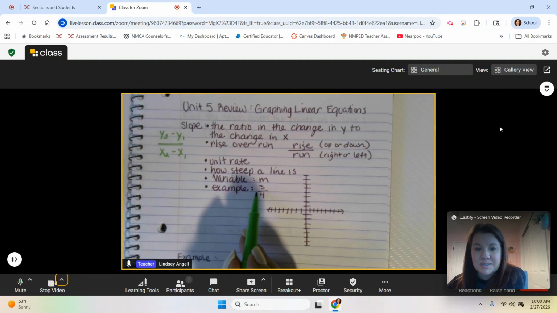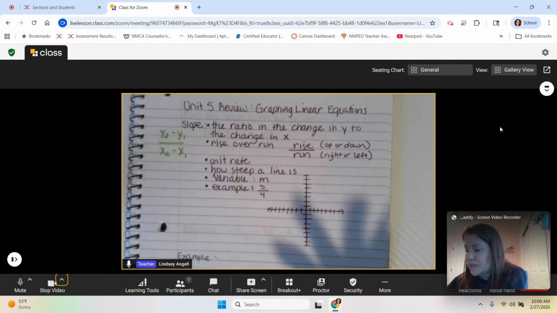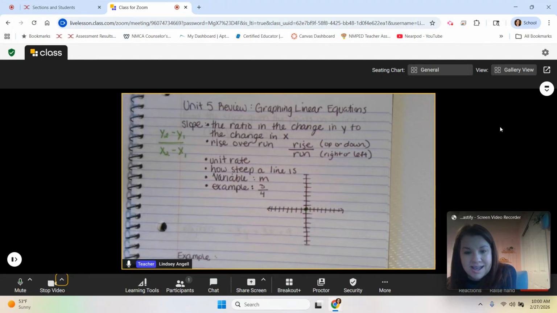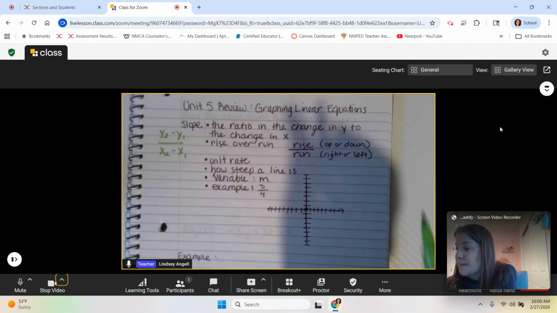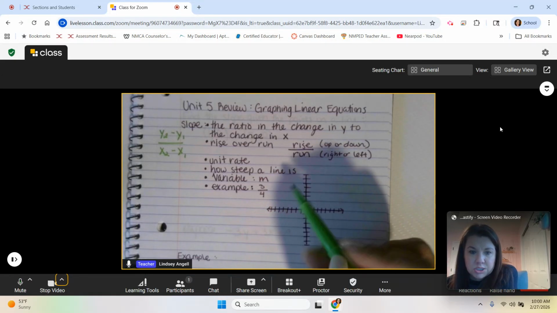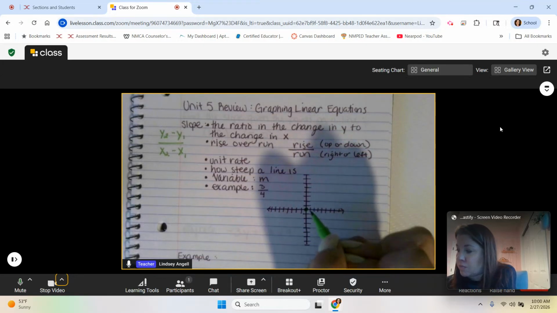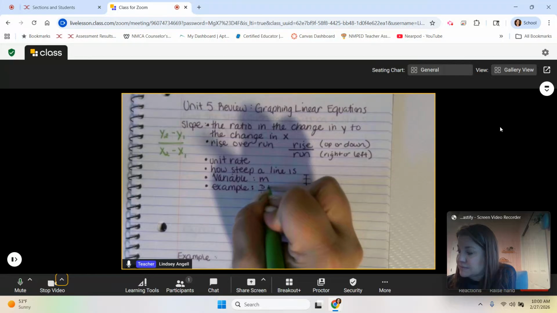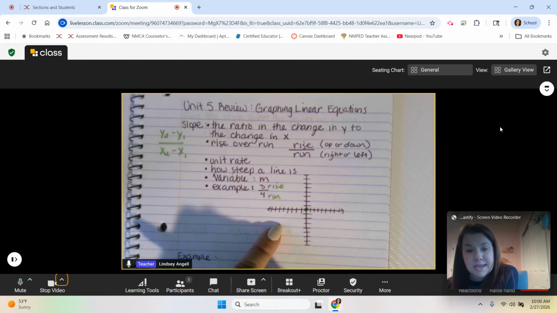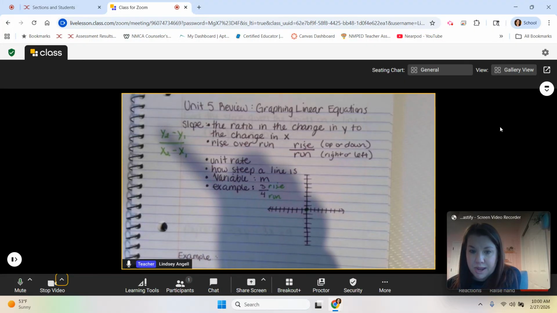Now, an example. If I have a slope of 3/4, let's say that my line crosses at the origin. That doesn't always happen, we know that, but in this particular case, let's pretend that it does. To apply this slope as rise over run, they're both positive, so I know my line is going to look like it's going uphill when I look at it from left to right.